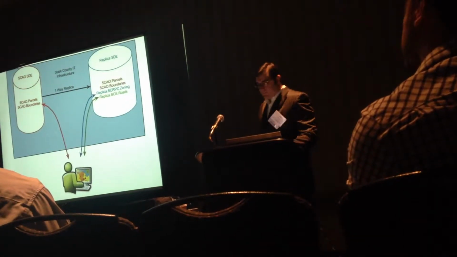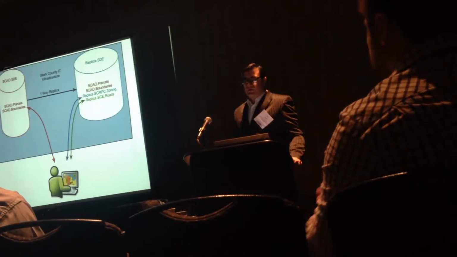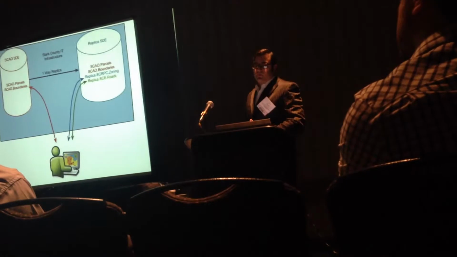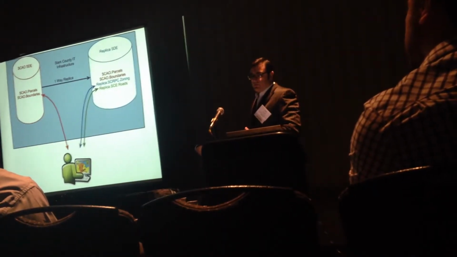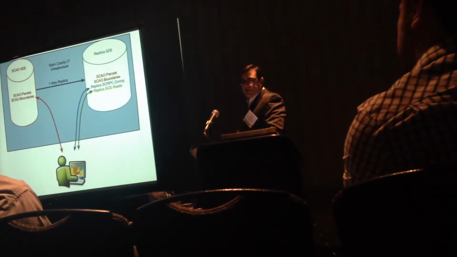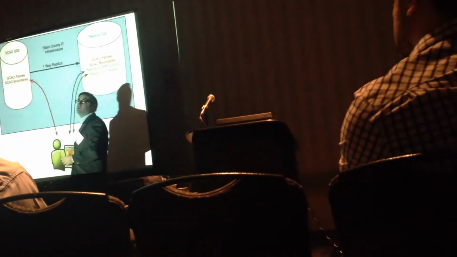Okay, so some of you in the audience are saying, hey Joe, your architecture is fine and all, but how do I use it? So this is an example of an internal person editing using the Stark County Replica and an SDE GeoDatabase. So over here, can everyone still hear me?